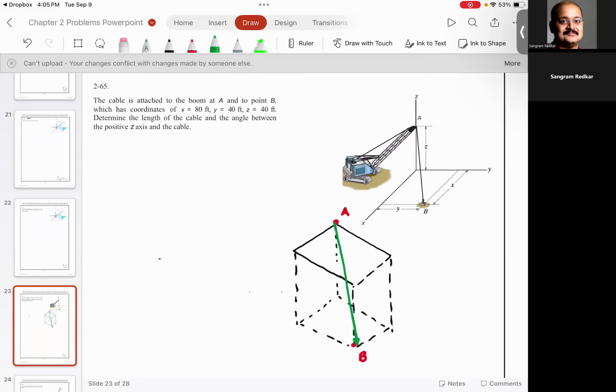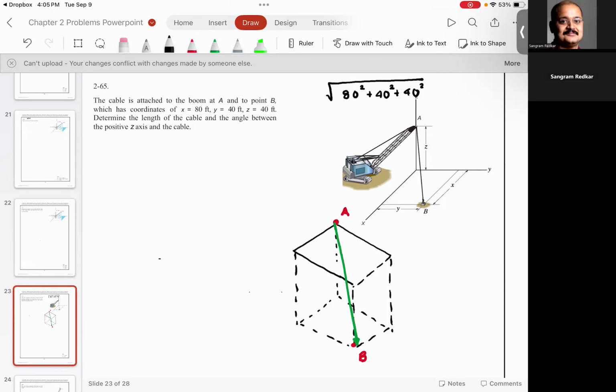Now what I want you to do is stretch your imagination and look from the side view and top view. We realize it is nothing but a right angle triangle. Do you agree with me? So if I want to find the diagonal of a rectangular solid, or the diagonal of a brick, you can use the Pythagorean theorem and tell me in a heartbeat, it's going to be the square root of 80 squared plus 40 squared plus 40 squared.